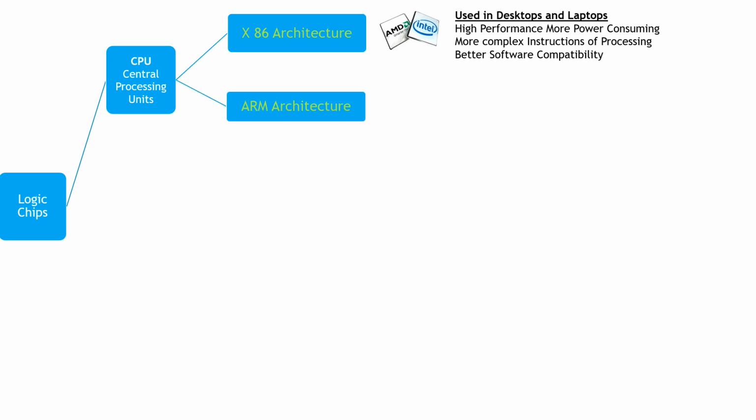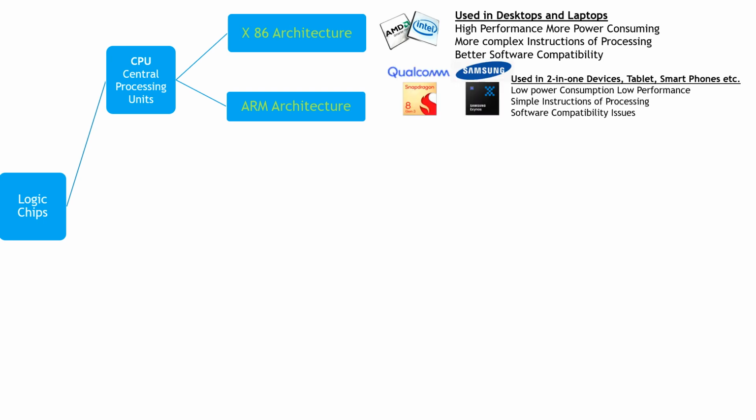The second type is the ARM architecture. This ARM architecture is used by Qualcomm and Samsung. Qualcomm uses it in its latest processor, the Snapdragon 8 Gen 3, and similarly Samsung uses ARM architecture in Exynos processors, which power Samsung mobile devices.